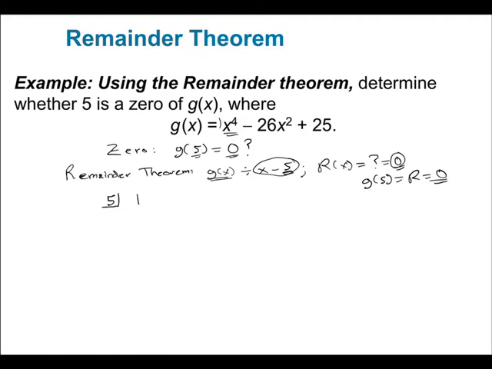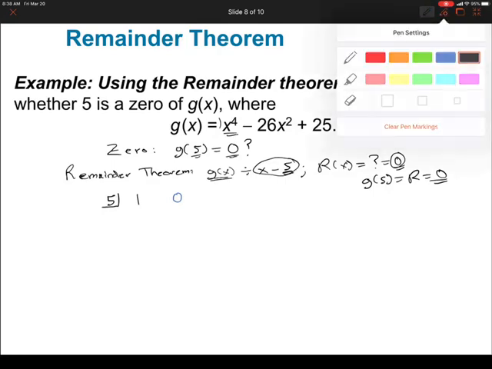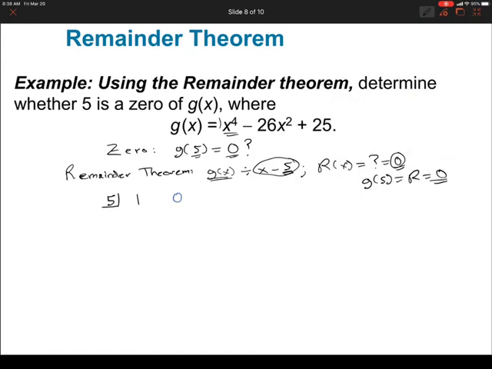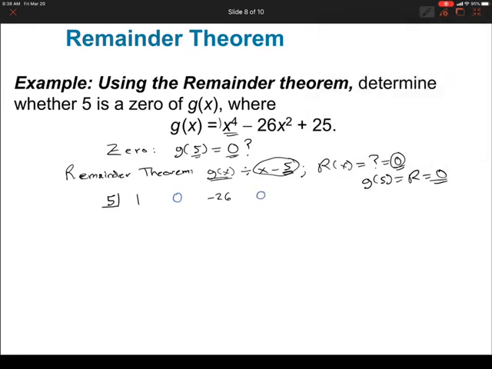Now we're missing the x cubed term, so we'll put in a 0 for the x cubed coefficient since it's missing. The x squared term is negative 26. We're missing the x term, so put in a 0. And our constant term is 25.